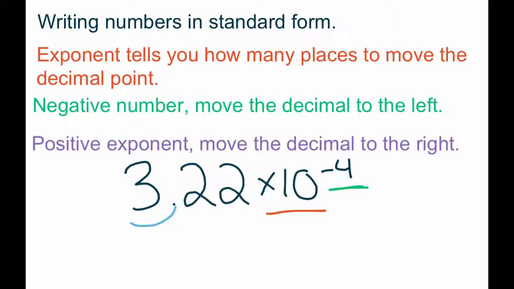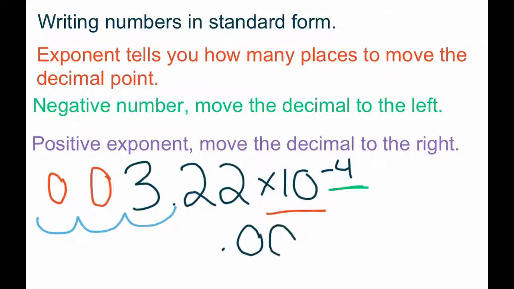So we move it 1 place, 2 places, 3 places, and we put zeros in the empty spots. So now our new number is 0.00322, and we drop our times 10 to the -4th because it's replaced by moving the decimal.